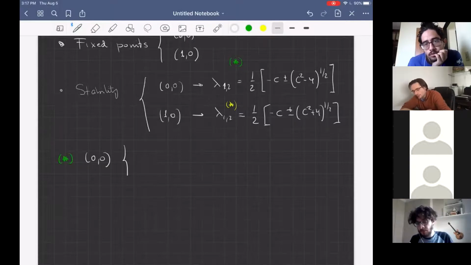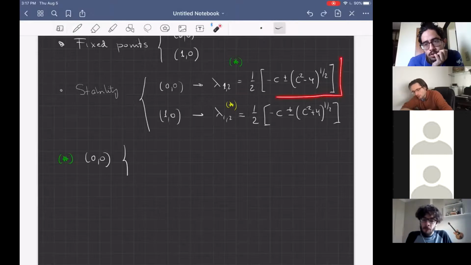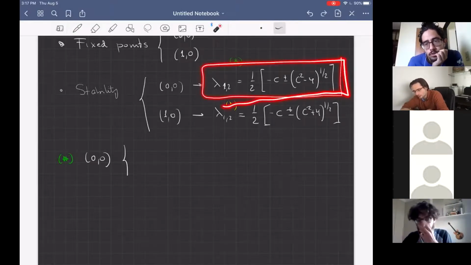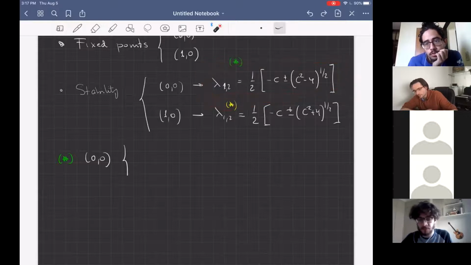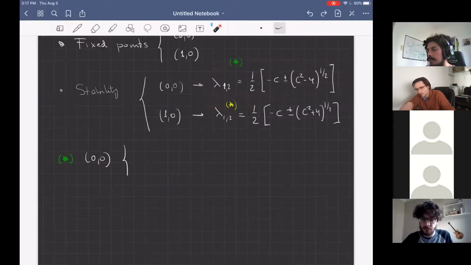They are given by this expression here. Both eigenvalues have a negative real part and they can have a complex part. Everyone sees that? Depending on the value of C, I get what Rafael was saying.